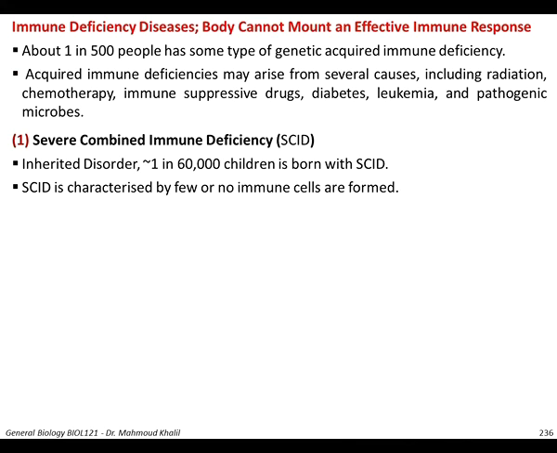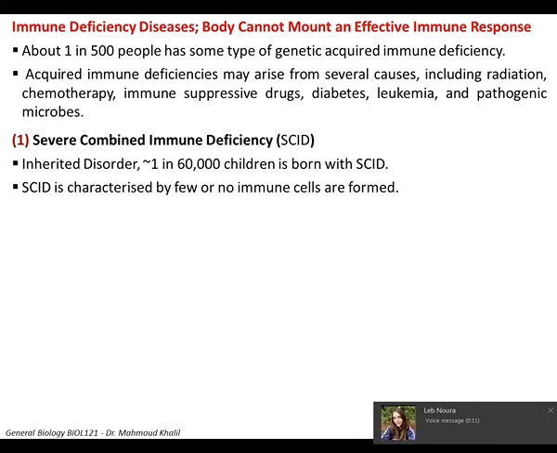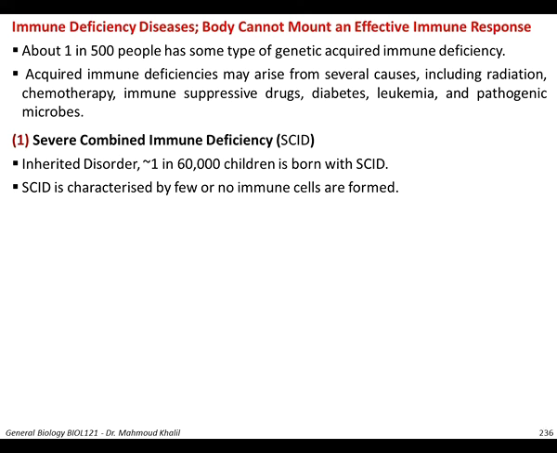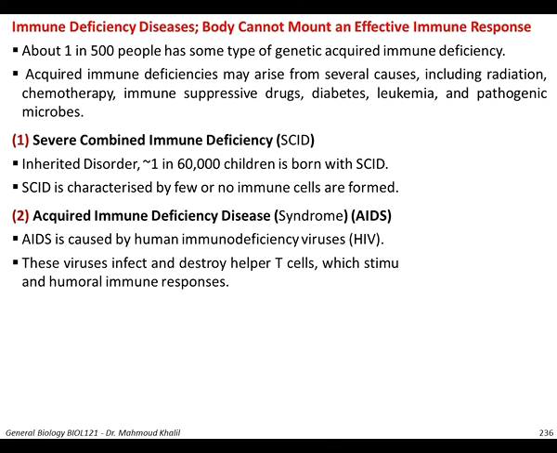One of the major immune deficiency syndromes is severe combined immune deficiency, SCID. It is an inherited disorder; almost 1 in 660,000 children is born with SCID. It is characterized by few or no immune cells being formed, so it's an immune deficiency.